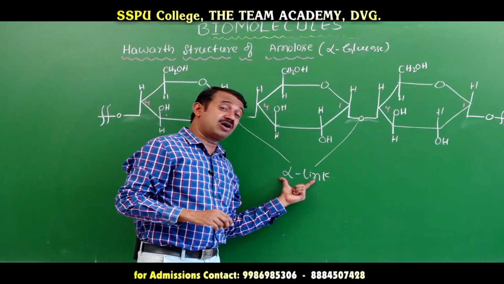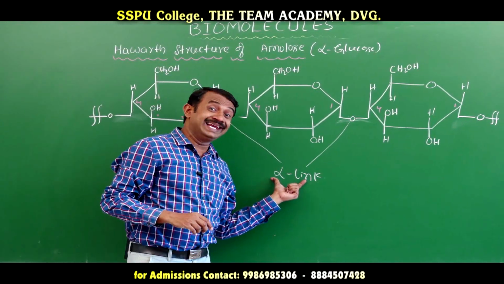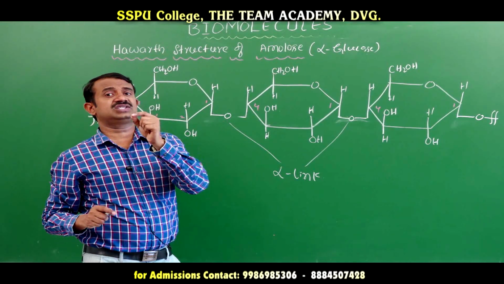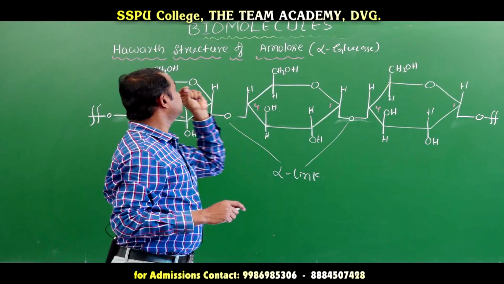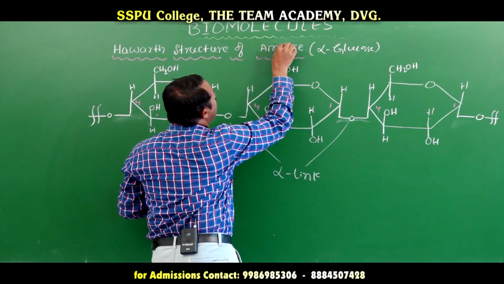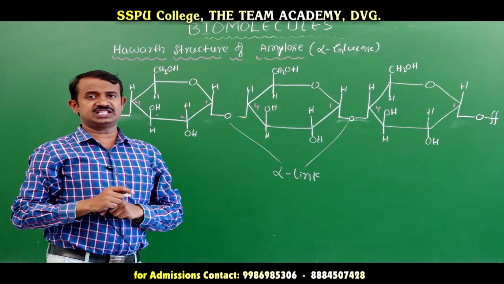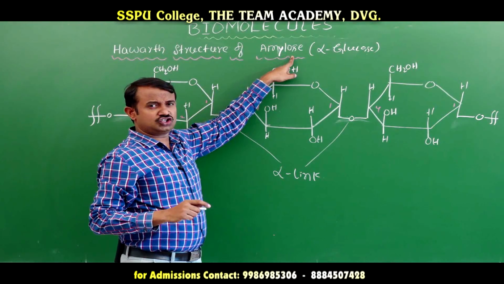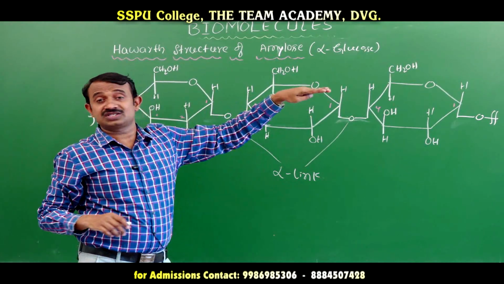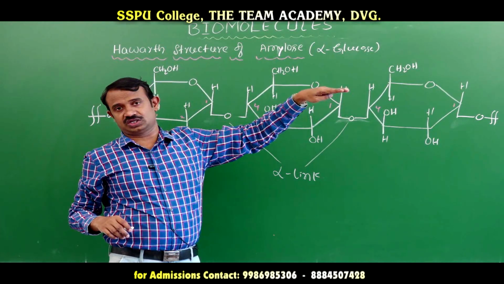The link is called alpha link. This is our structure of amylose. It is a linear, unbranched structure.